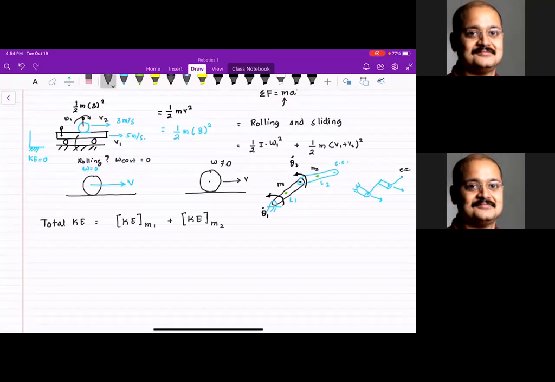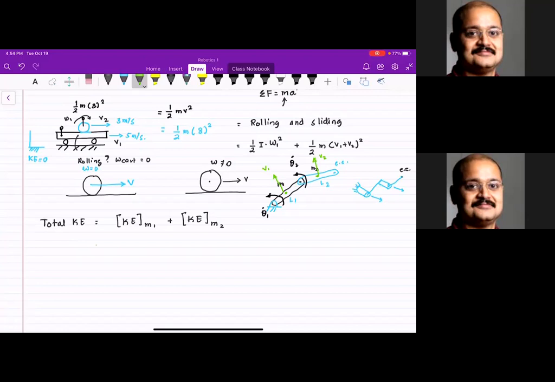Do you agree with me? Now, please understand, let's try to visualize what type of velocities these links have. Everyone agrees with me that this will have a velocity like this, and maybe this will have a velocity like this. So this is V1, and I'm going to call this V2. Do you agree with me?